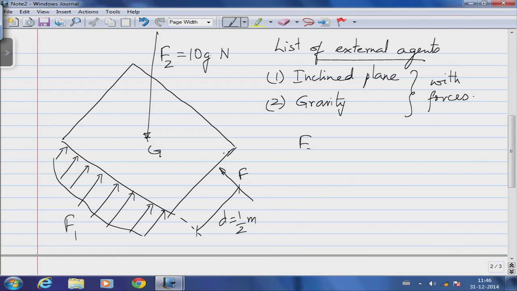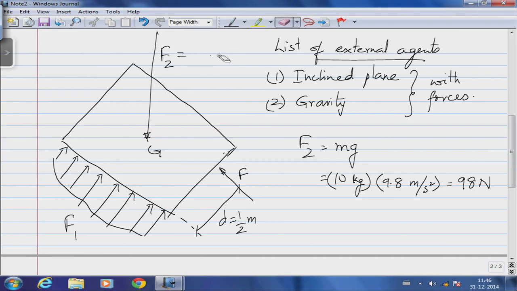So, the force F2 is mg, which is 10 kilograms multiplied with g, which is 9.8 meters per second squared. So, this comes out to be 98 newtons. So, I will replace this with the number that I have just computed, 98 newtons.